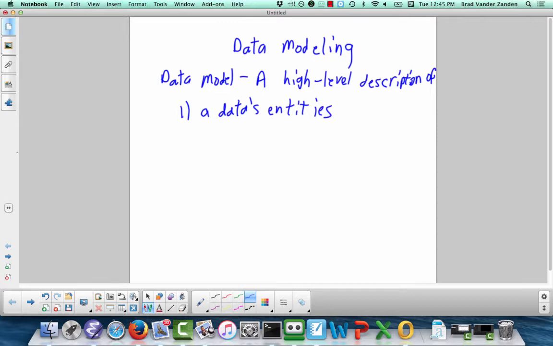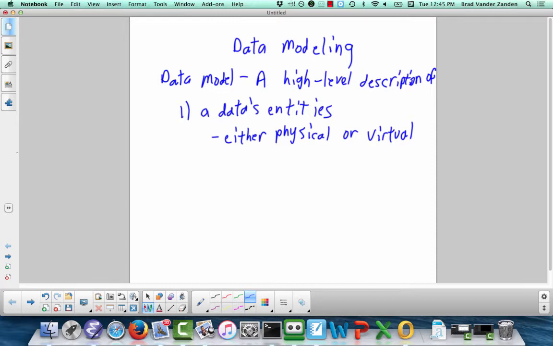In general, your entities can be either physical or virtual. A good example of a virtual one in the university would be courses. They don't really have a physical manifestation, but they're still there.